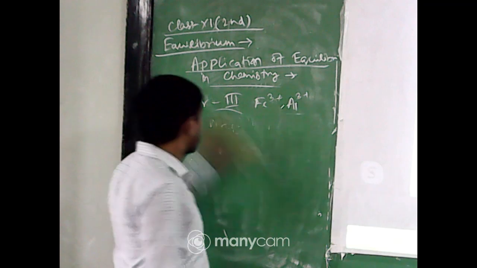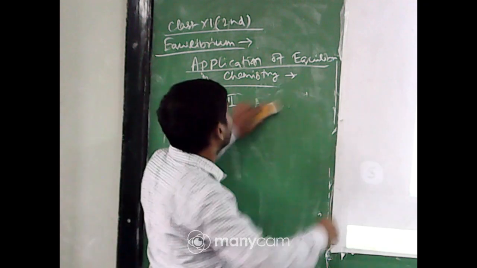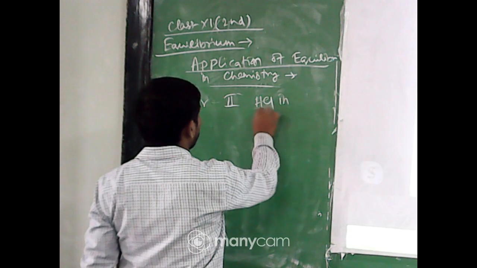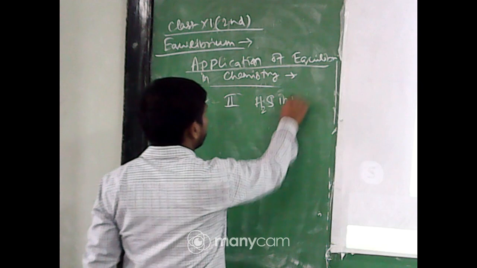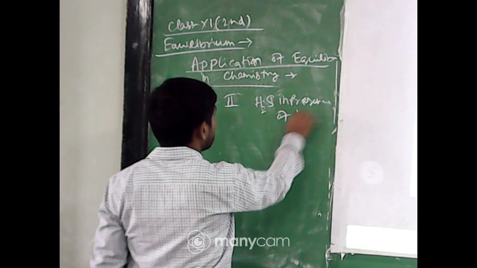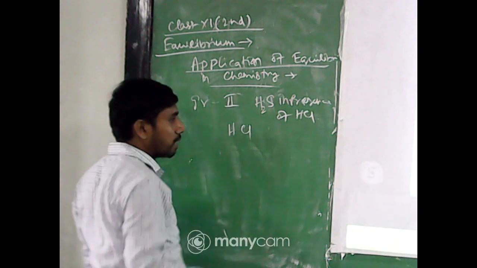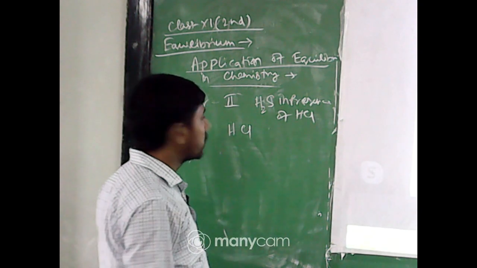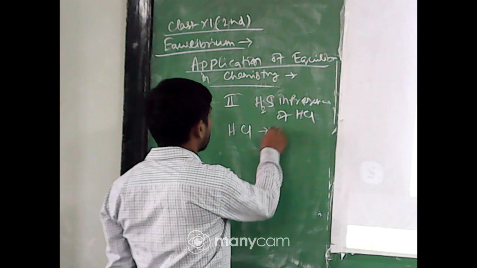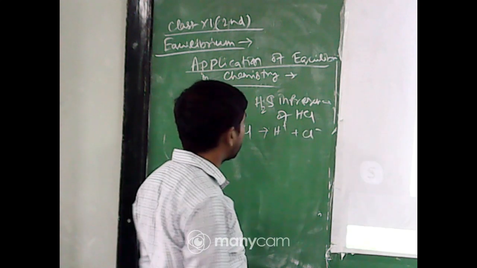Again, in group 2 we use H2S in presence of HCl. Here HCl is used to suppress the dissociation of sulfide, because it produces H plus and Cl minus.